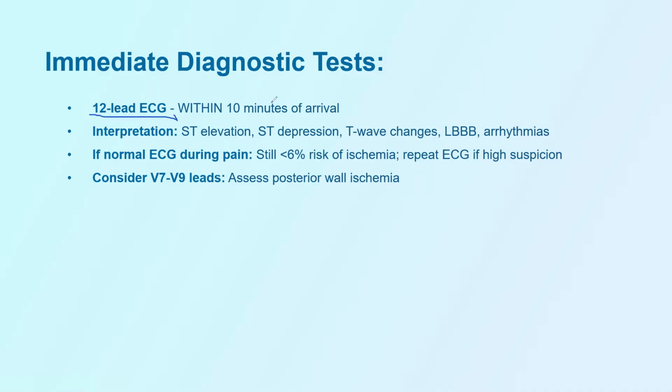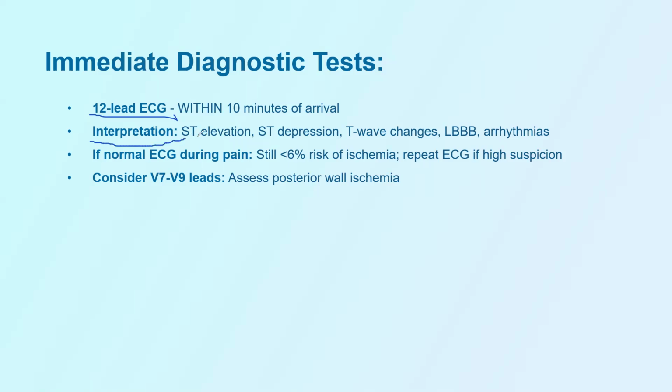This will be ideal, but we would still want it to be done within the first half hour. If they do not appear to be cardiac or have any other reason, it may get delayed, but within half an hour should be the latest goal to get the EKG done. Ten minutes is the ideal goal for us to do the EKG.